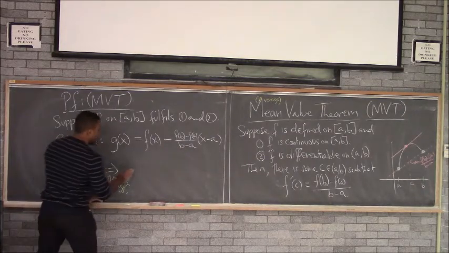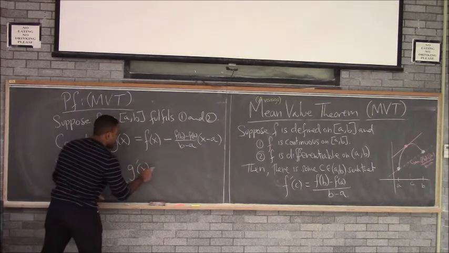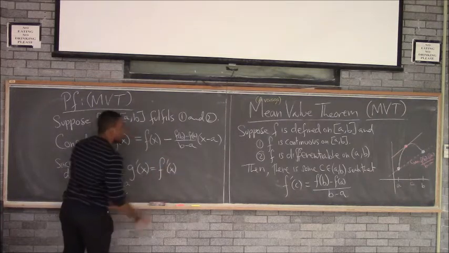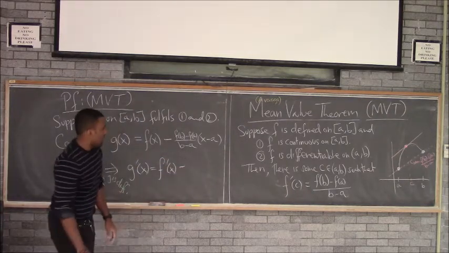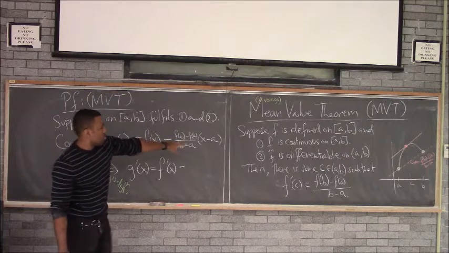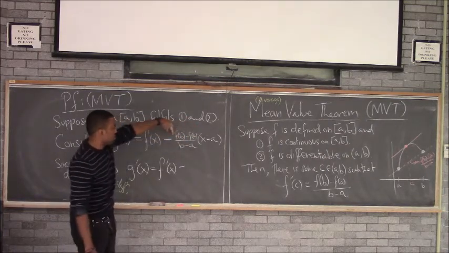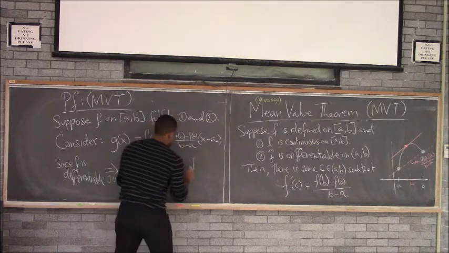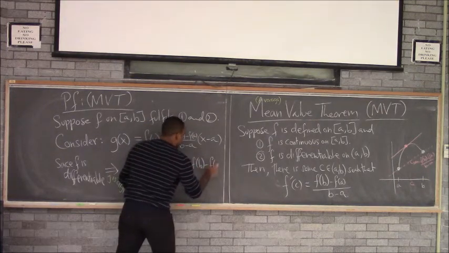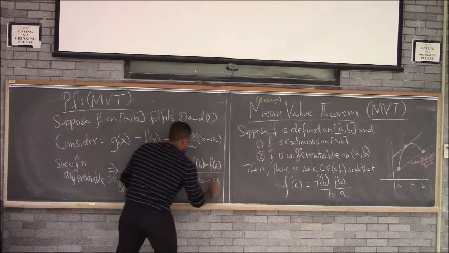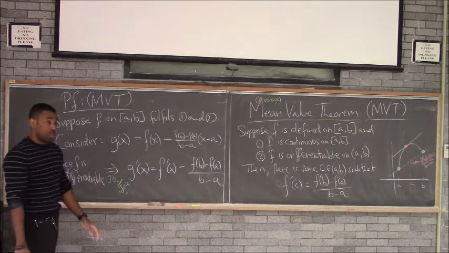So I can find g prime. The derivative of that, well, it's just a constant times x plus a constant. So the derivative is just going to be the constant. That's going to be the derivative.